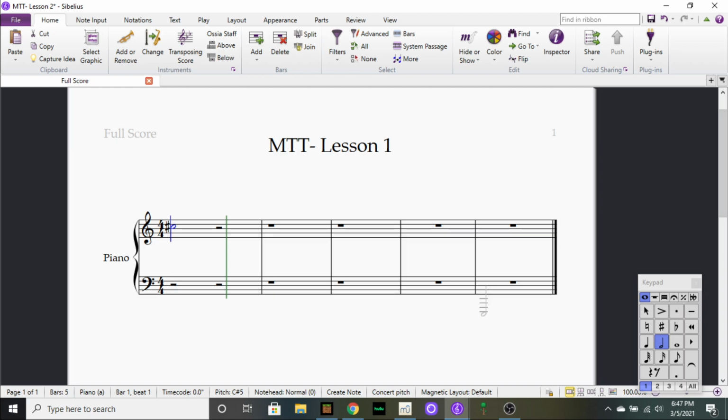But we then have a D flat. C sharp is a half step up from C. And then a D flat is a half step below D. So they make the same sound and same principle.